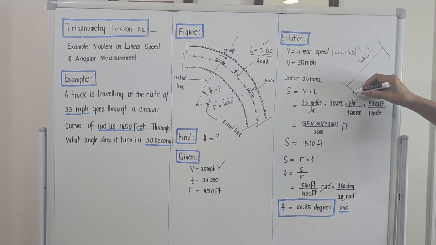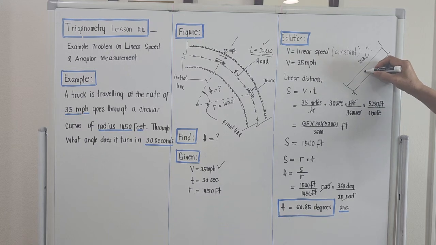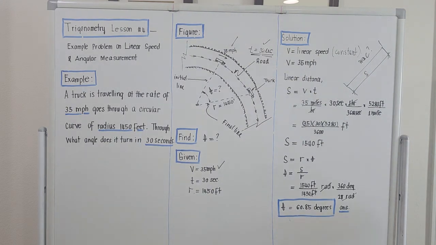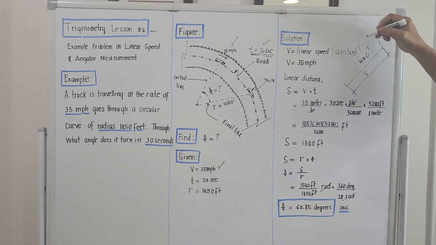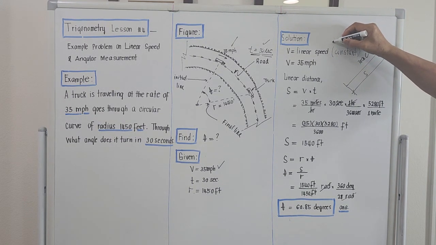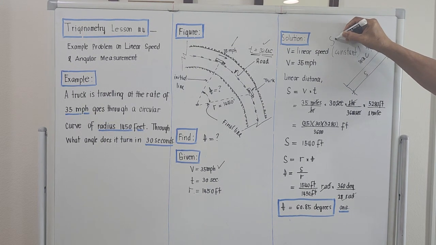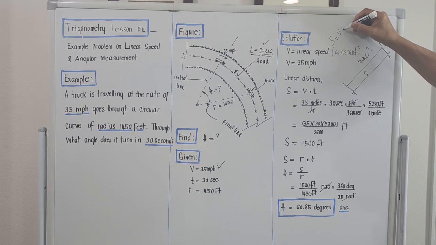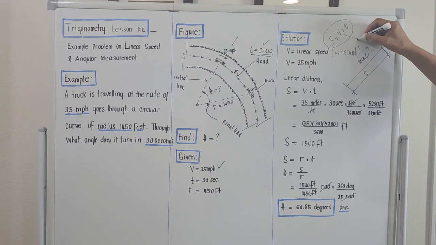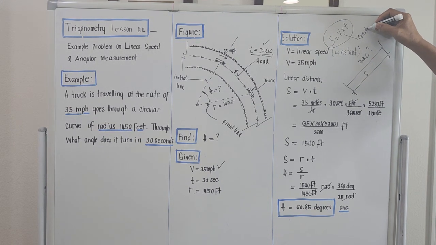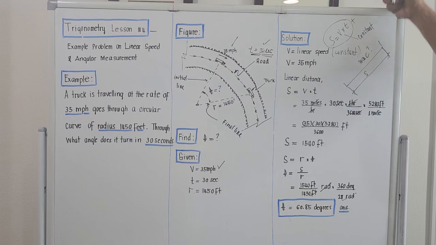The linear speed is, right? So for linear speed, linear distance is actually velocity or speed multiplied by time. For this to be correct, this velocity here should be constant. It's not accelerating, because if it is accelerating, we add something over here, and that's a different story, right?